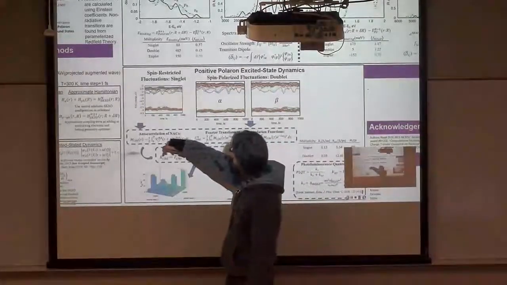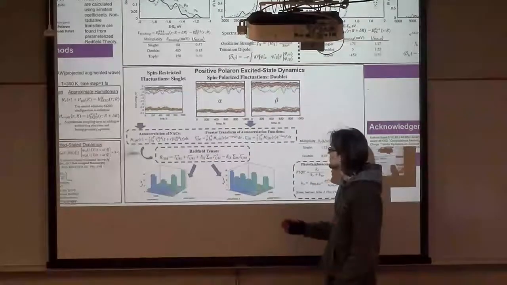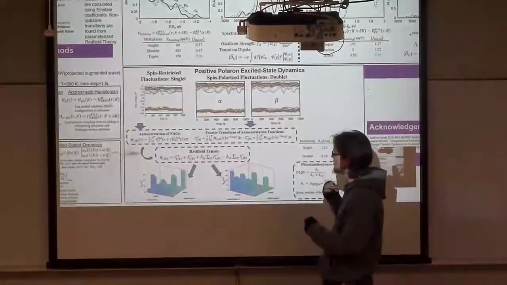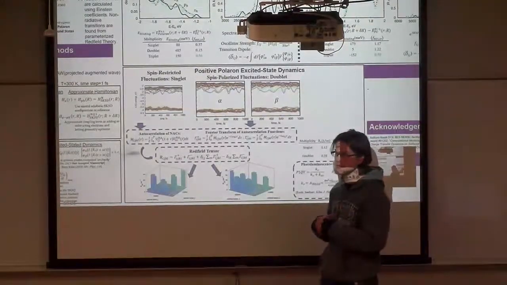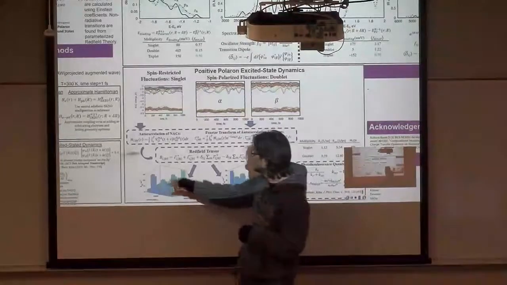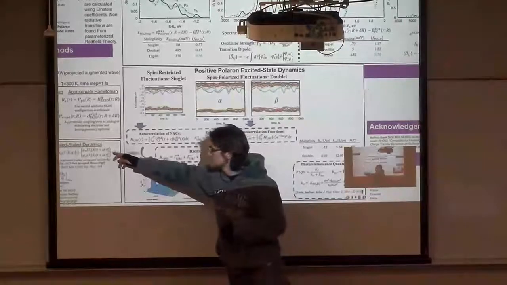So you have fluctuations, and to extract the nuclear degrees of freedom that couple to the electron degrees of freedom, we do some post-processing. We compute autocorrelation functions of our non-adiabatic couplings along the trajectory, which is shown in the methods.